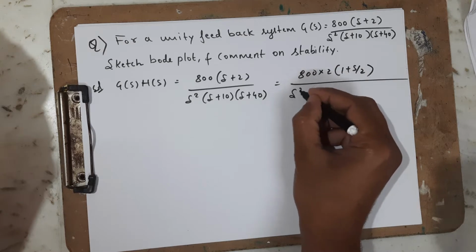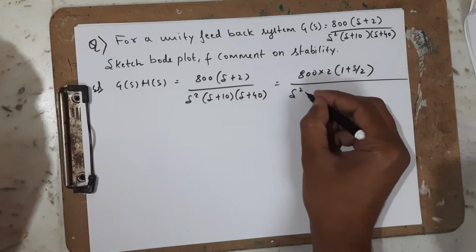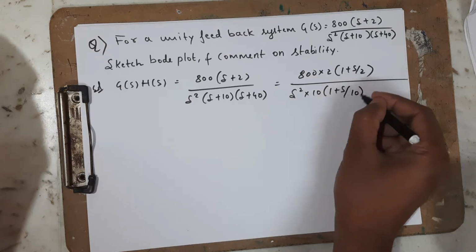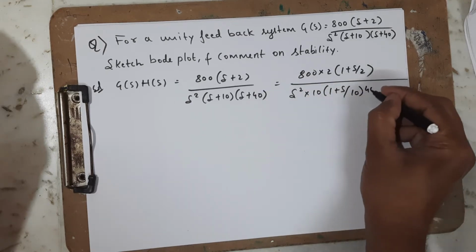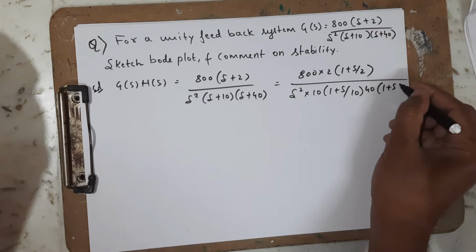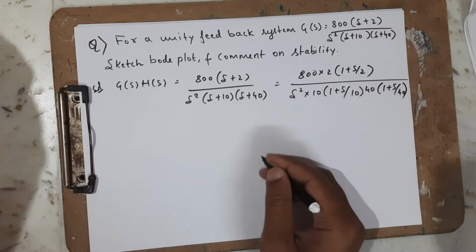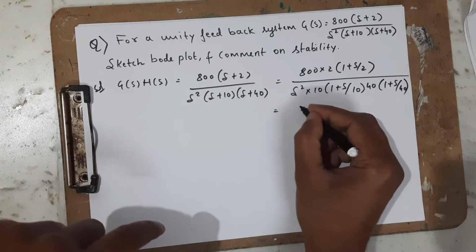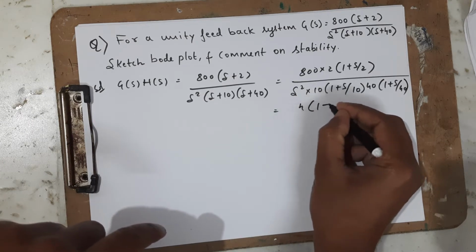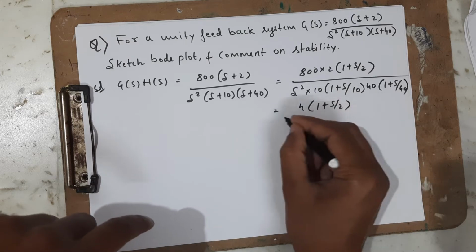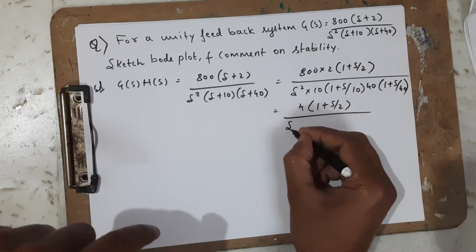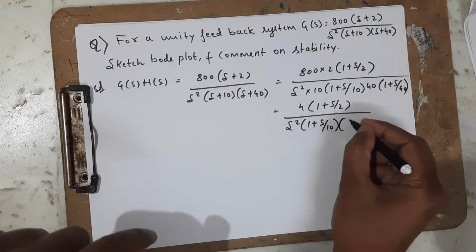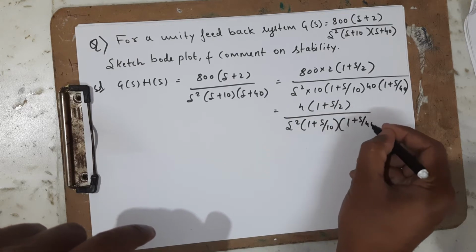Next, s square. From s plus 10, I am going to take 10 as common: 10 times (1 plus s by 10). From s plus 40, 40 as common: 40 times (1 plus s by 40). So after simplification, I got 4 times (1 plus s by 2) divided by s square (1 plus s by 10)(1 plus s by 40).